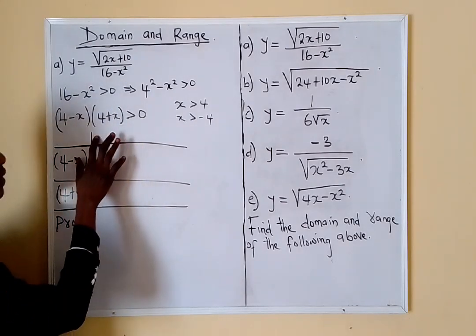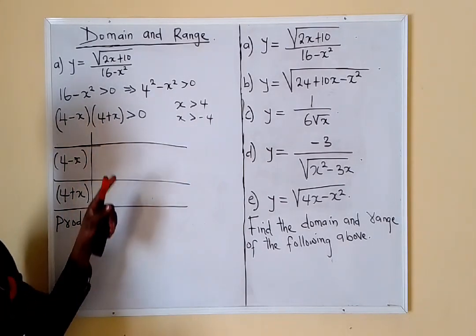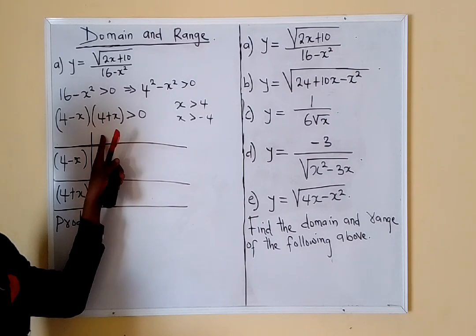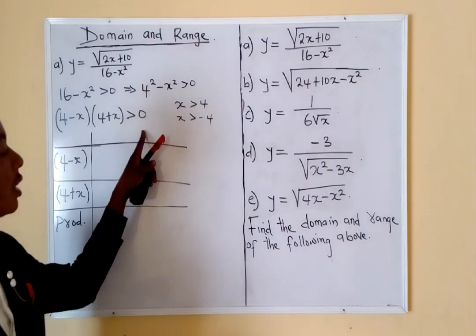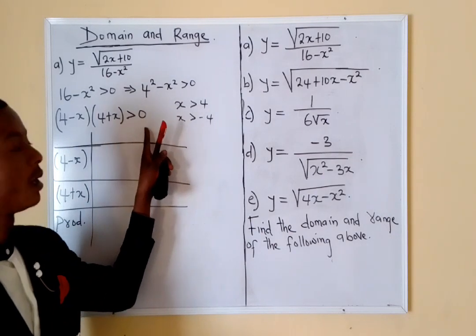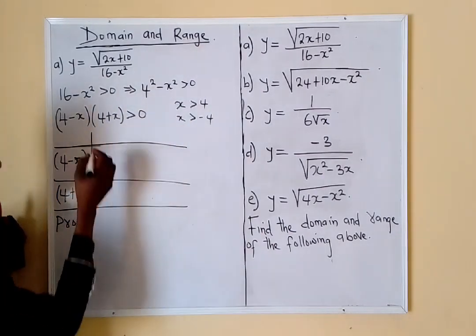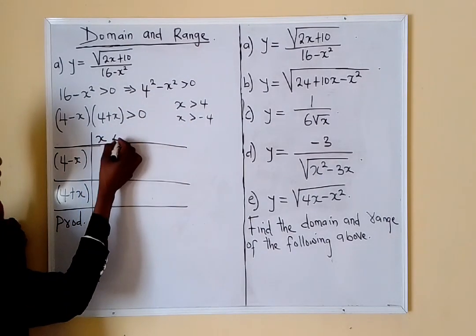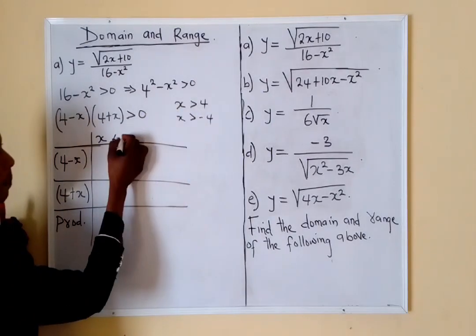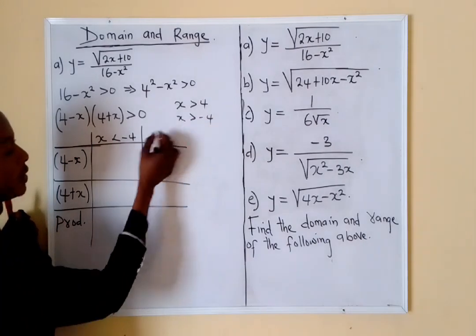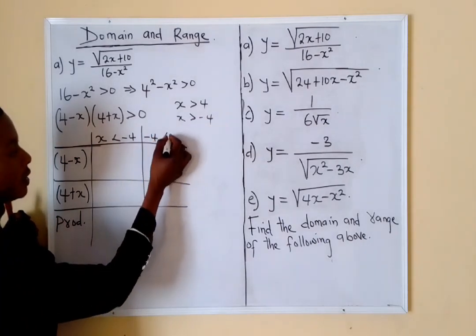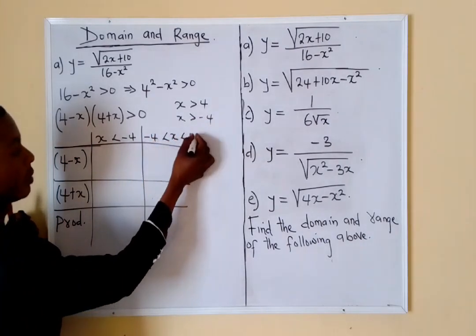How to represent the values for the sign chart is, normally x will be less than the smaller number. In the second part, the smallest number will be less than x, and then less than the biggest number. So the first part is x less than -4, and the second part is -4 less than x and less than the biggest number 4.